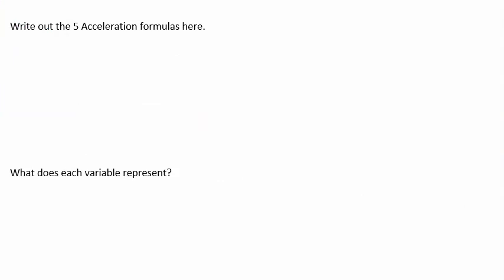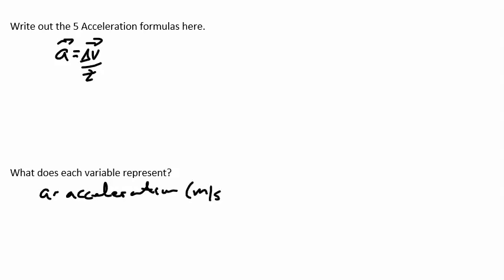There are 5 acceleration formulas on our formula sheet. We've already shown one of them, a equals delta v over t, where a is the acceleration, which has units of meters per second squared, meaning how many meters per second of change we see each and every second.